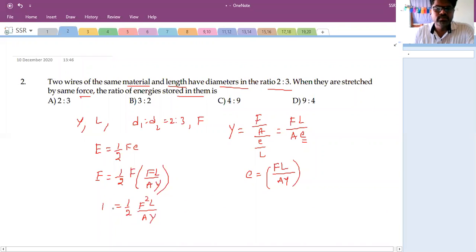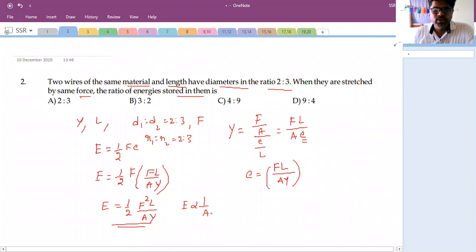So that is E. They said Y same, F same, L same. Then E is inversely proportional to A. From this equation, energy stored in the wire is inversely proportional to the area of cross section. Then the diameters ratio is given, that means the radius ratio is also the same, R1 is to R2 is equal to 2:3.